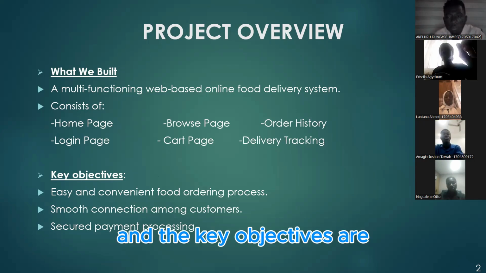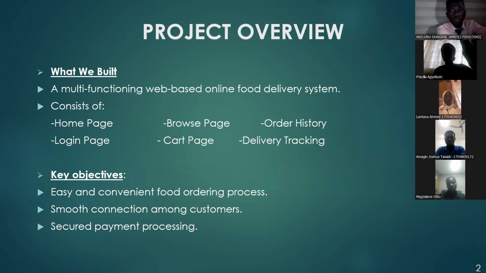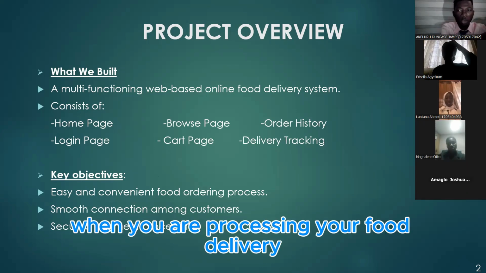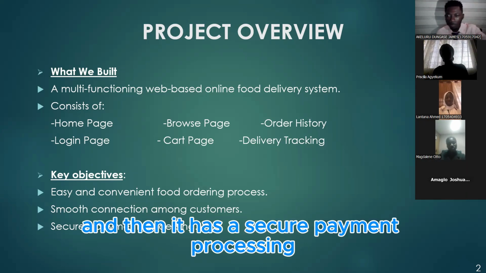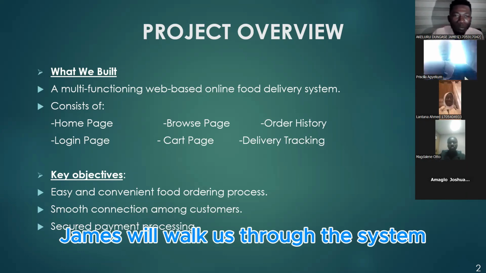The key objectives are that our food delivery system has a smooth connection among our customers, and it's easy and convenient when you are processing your food delivery. It also has secure payment processing. So without talking much, I think James will walk us through the system.